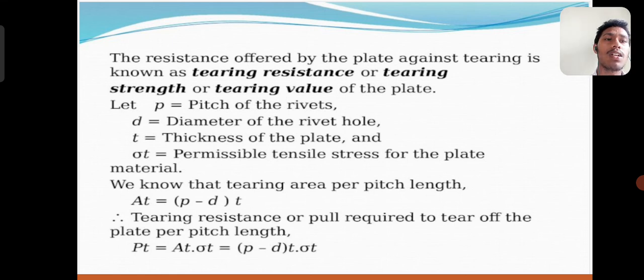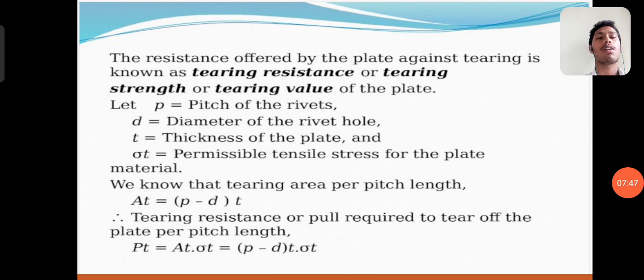And we know that the tearing area per pitch length At equals (p minus d) into t, where p is the pitch of the rivet, d is the diameter of the rivet hole, and t is the thickness of the plate. The tearing resistance, or pull required to tear the plate per pitch length, is Pt equals At into sigma t equals (p minus d) into t into sigma t, where t is the thickness and sigma t is the permissible tensile stress.